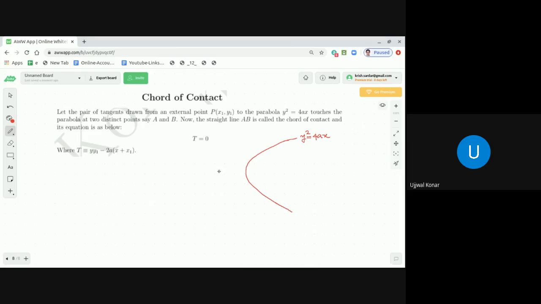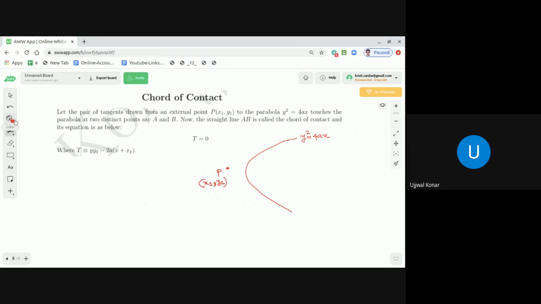Now, let's take a point P, which is external to the parabola, and the coordinates of the point P, as you know, are x1, y1. That is the point P having coordinates x1, y1.